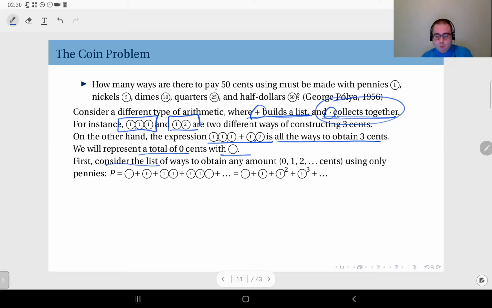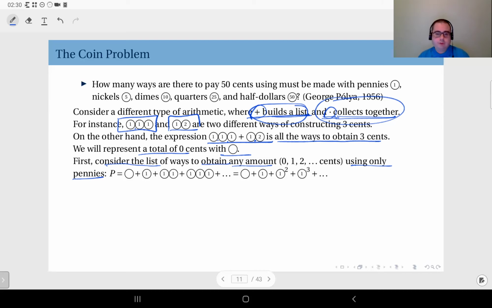Now, consider the list of ways to obtain any amount: 0 and 1 and 2 and 3, all the way to infinity. So this is a set, or a list, if you like, of all the ways of constructing an amount given to us, but using only pennies. Now, obviously, if you give any amount using pennies, there is just a single way to obtain that amount, because, well, penny is just one.